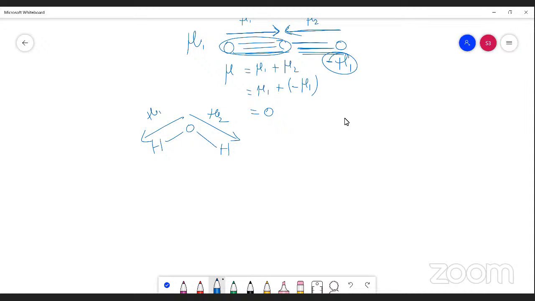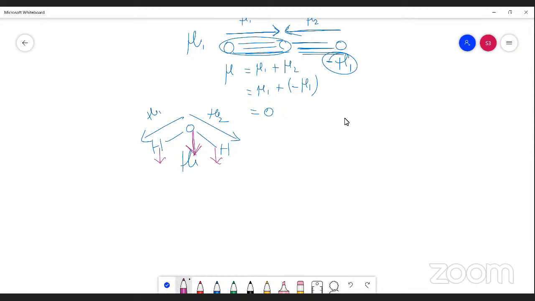So the total dipole moment is directed in the downward direction.